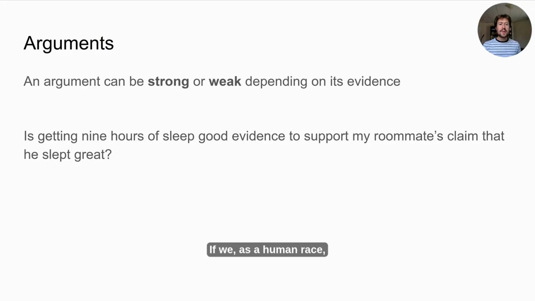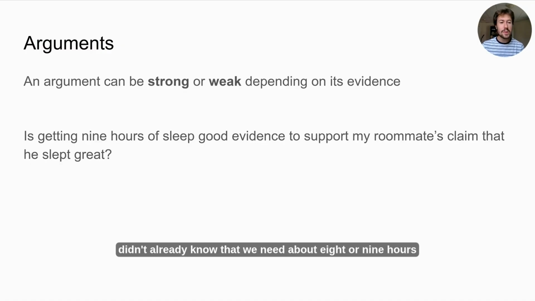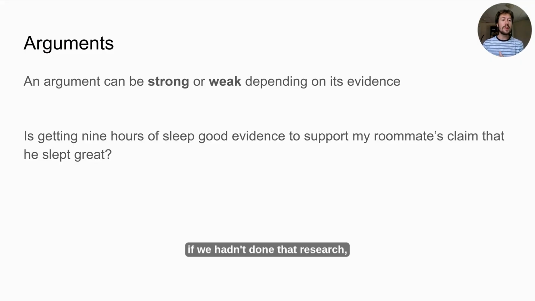If we, as a human race, didn't already know that we need about 8 or 9 hours of sleep a night in order to get really good, meaningful sleep, if we hadn't done that research, or if we didn't just know based off of experience, then it would be more difficult to know whether this claim is strong or weak, right?